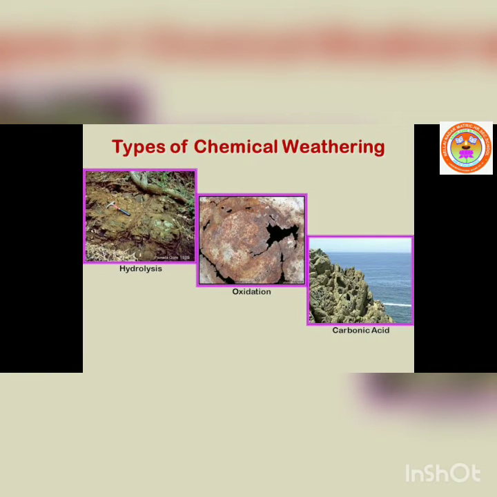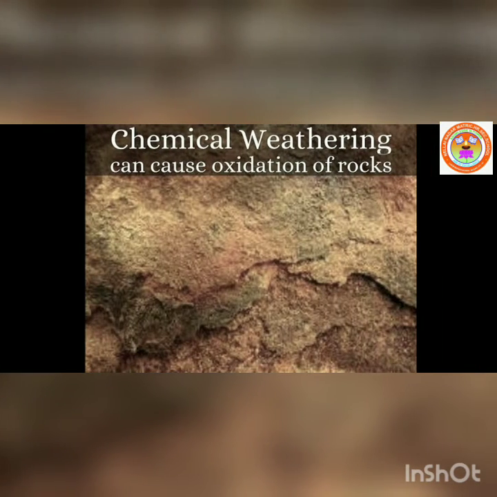Types of chemical weathering: hydrolysis, oxidation, carbonic acid. Chemical weathering can cause oxidation of rocks. Oxygen in the atmosphere reacts with the iron found in rocks, thus leading to the formation of iron oxide. This process is similar to the rusting of iron.